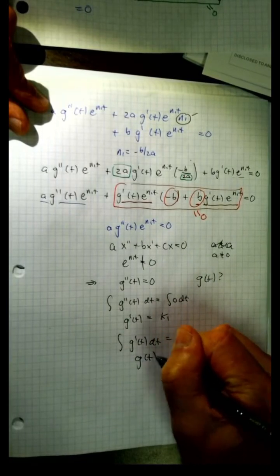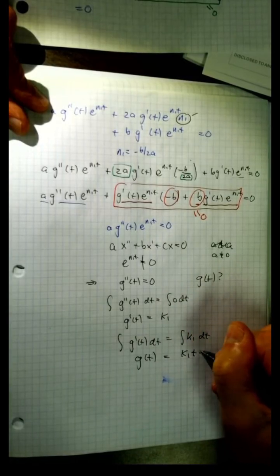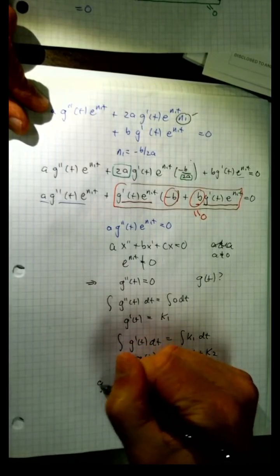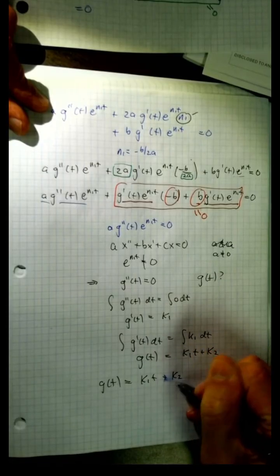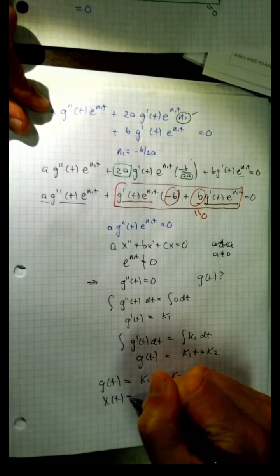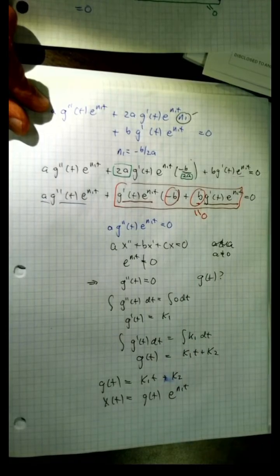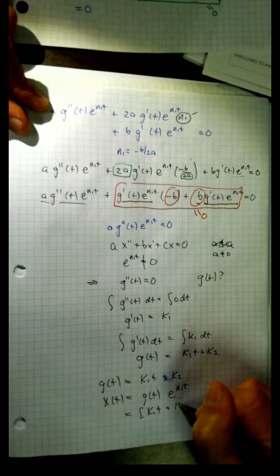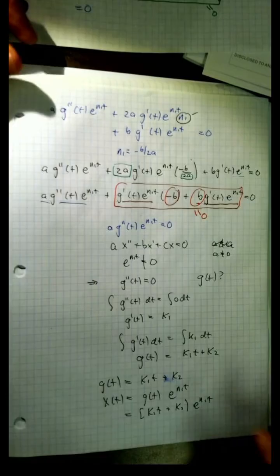So the antiderivative of this is going to be g. Antiderivative of K1 is K1t plus K2. So my g is just a linear function. And I defined my x to be g of t times e to the n1t. So that means I have that for my solution.